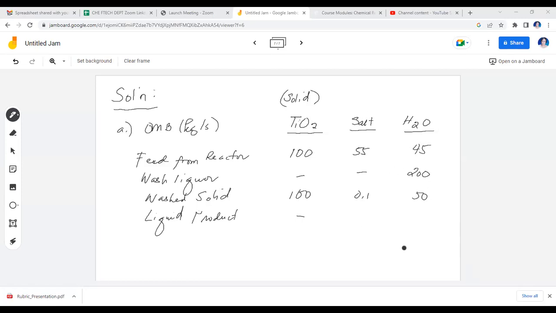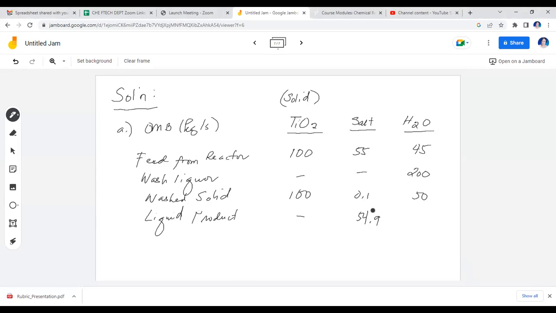The feed to the reactor is 55 in terms of the salt. The wash solid, the solid from the last thickener, contains 0.1. So the rest went to the liquid product. You subtract the two, so this is 54.9.